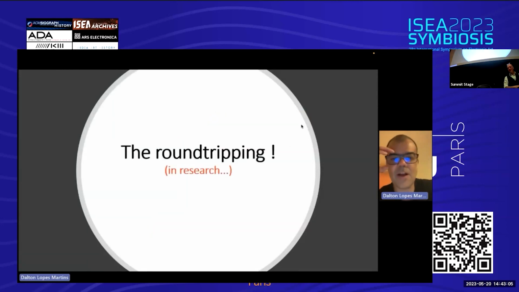So I will present the concepts that we are working on in our research to create some technical solutions for interoperability of digital archives and digital collections. And this is one of the main concepts, the most important concept of our research, which is called round tripping.